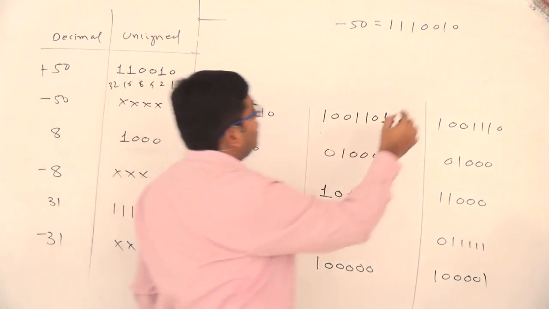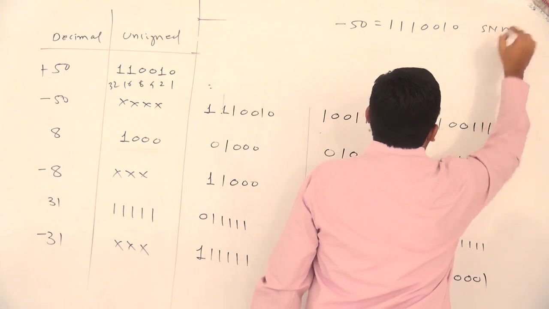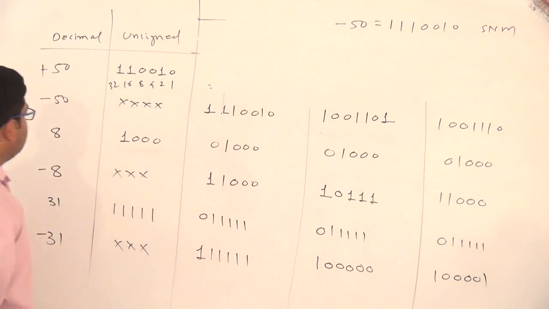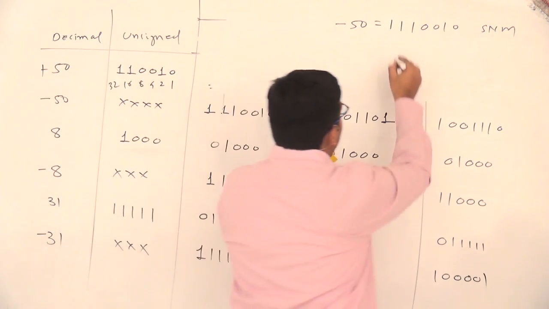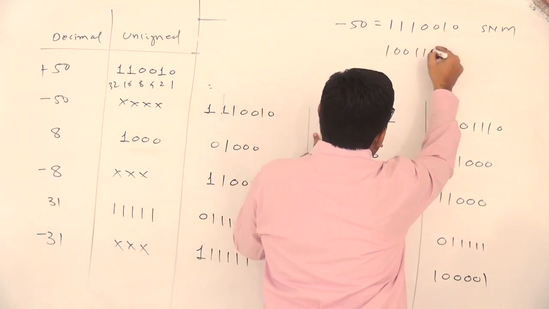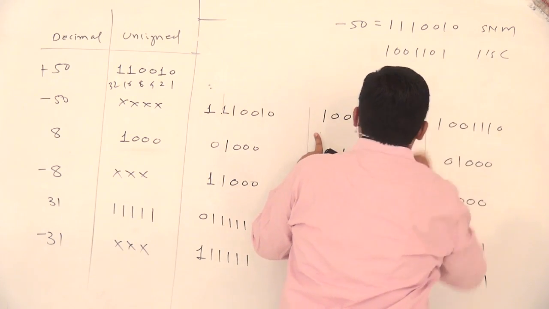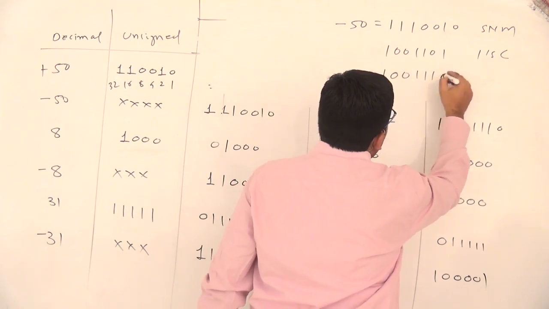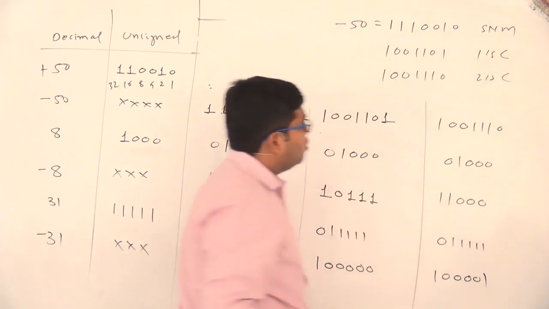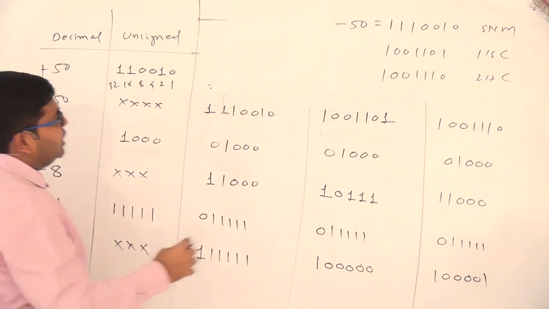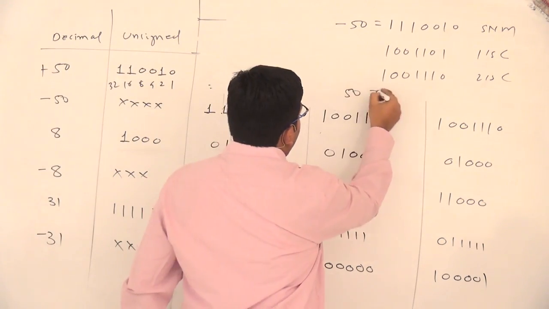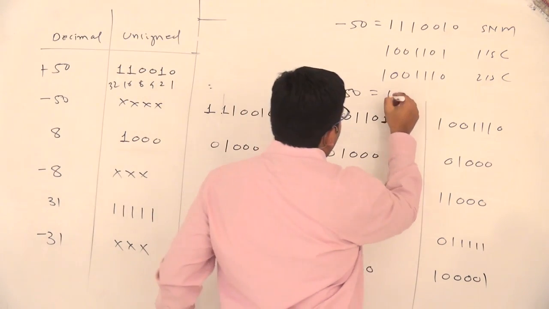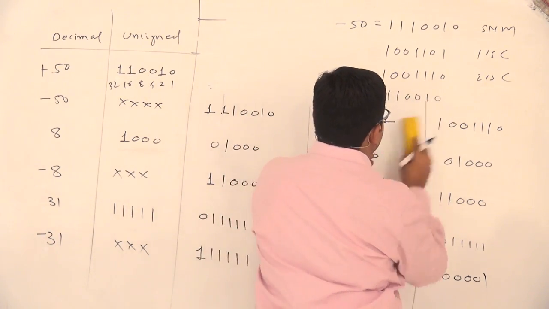Okay, fine, we will take only one example. In sign and magnitude it is like this. Then minus 50 is 1 0 0 1 1 0 1 in 1's complement and it is 1 0 0 1 1 1 0 in 2's complement. Fine. And plus 50 is equal to 1 1 0 0 1 0.